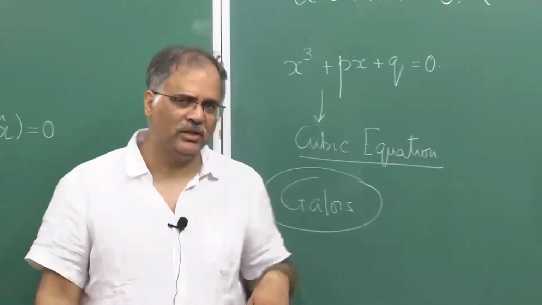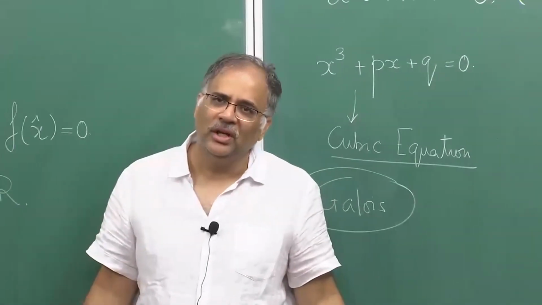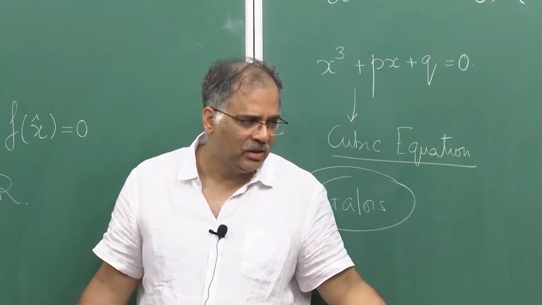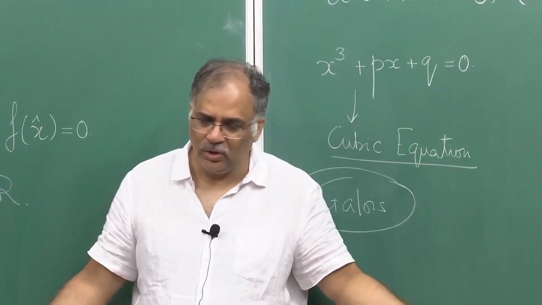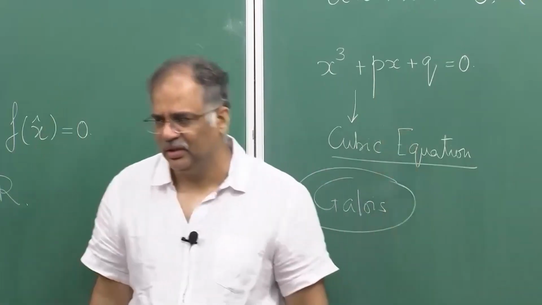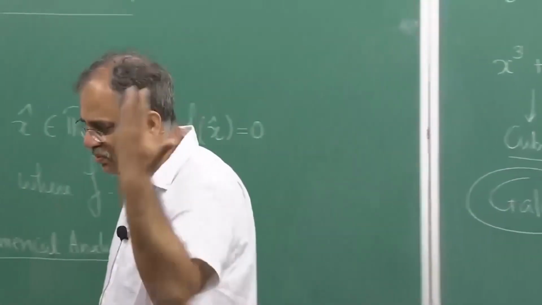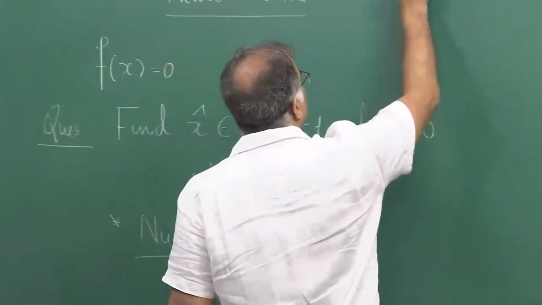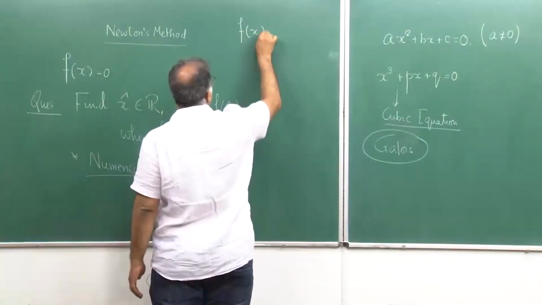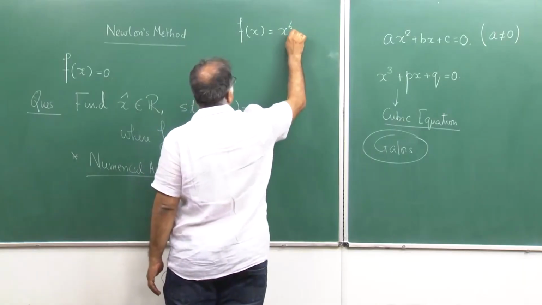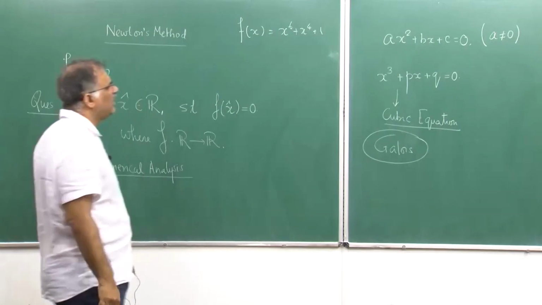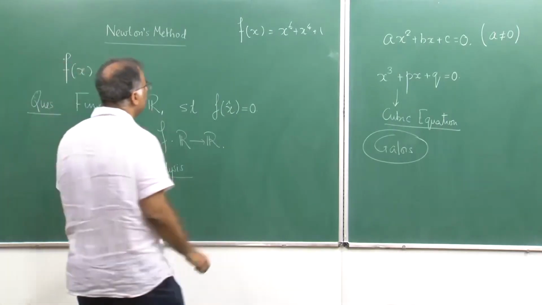So does that mean that I don't need to solve equations of the form f(x) equal to 0, where x could have power higher than 4? For example, if I simply ask you to minimize f(x) equal to x^6 plus x^4 plus 1, you immediately know what to do.